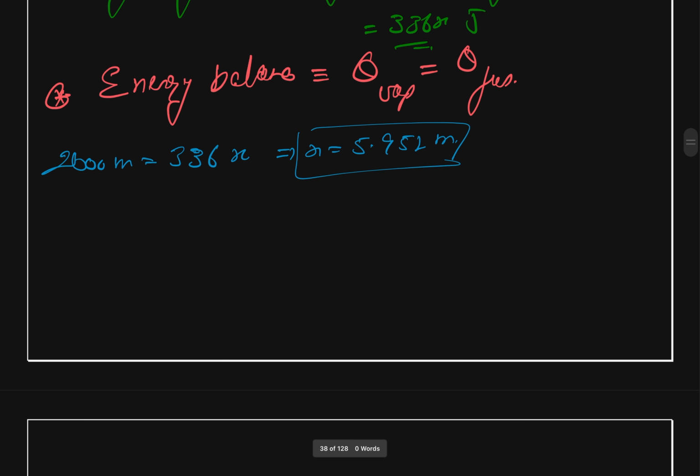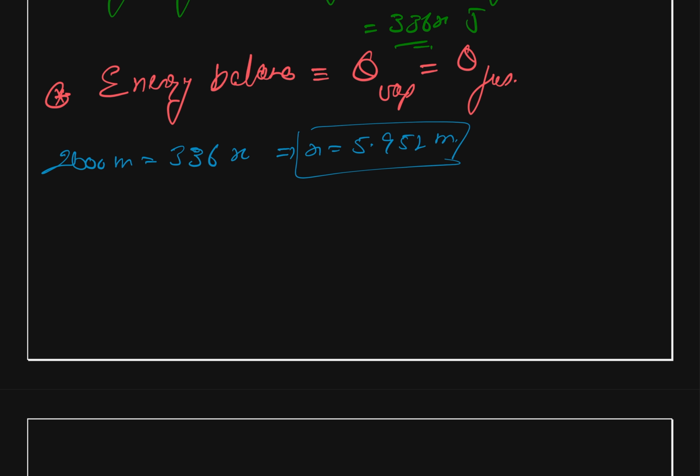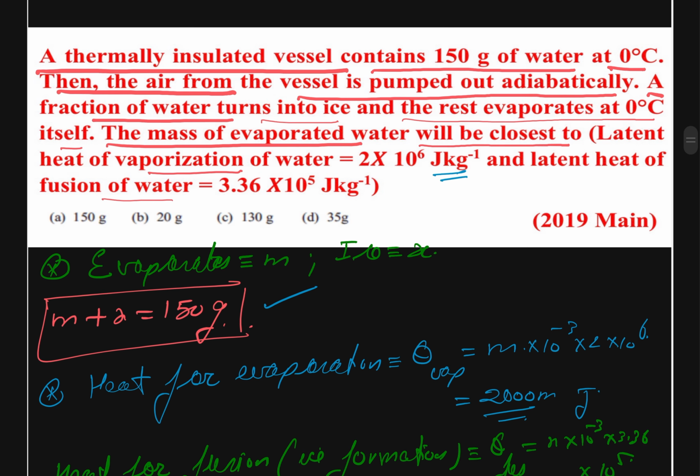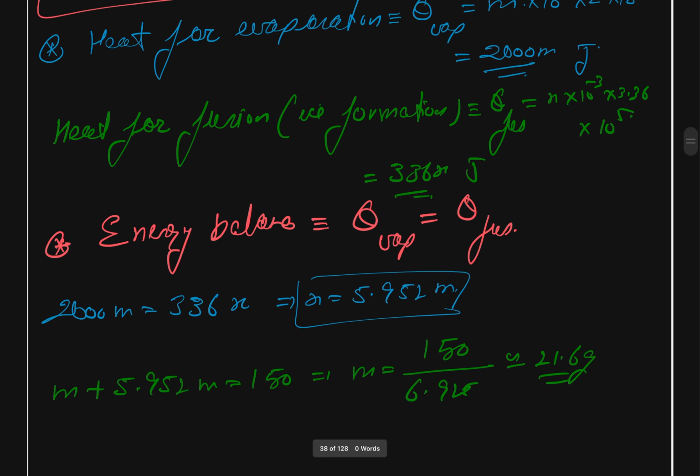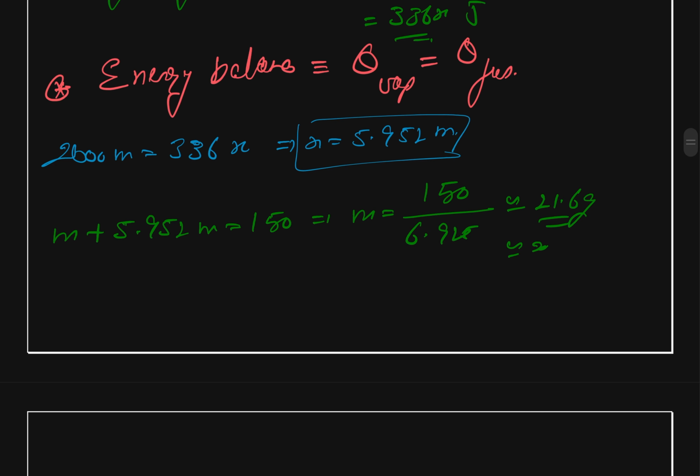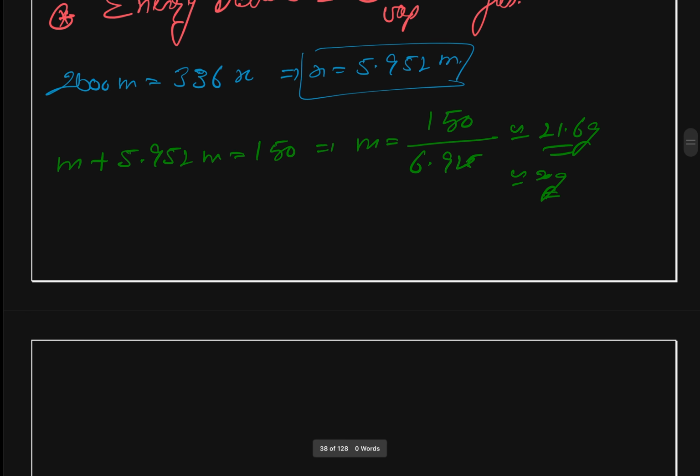Therefore we can say that m plus 5.952 times m is equal to 150, and this comes as m is equal to 150 over 6.952, approximately equal to 21.6 grams. So option B is correct. So you can say this is approximately 20 grams. So option B is correct.